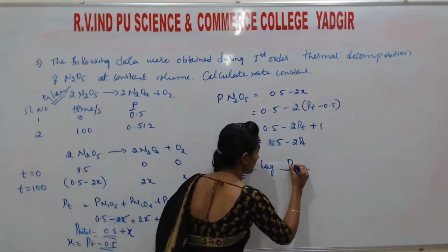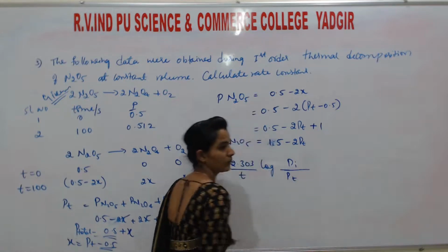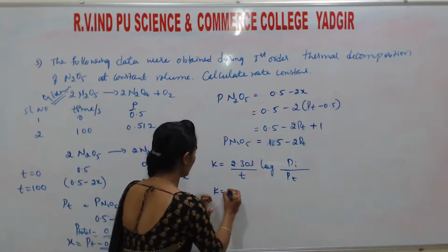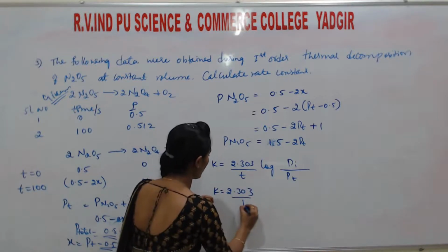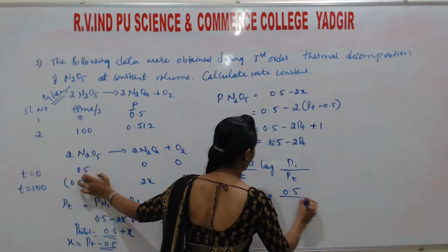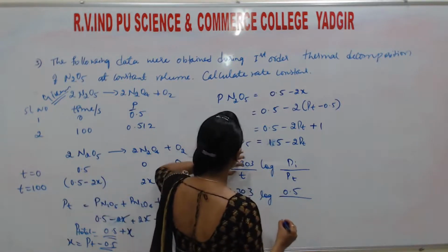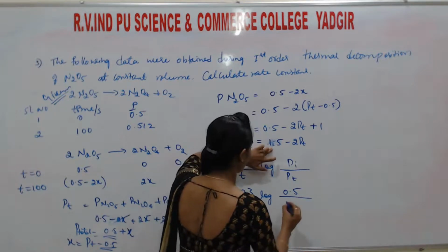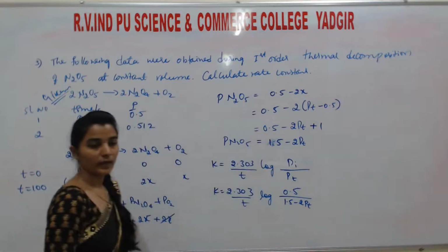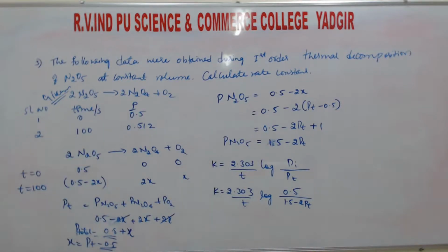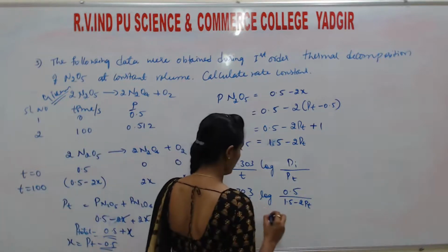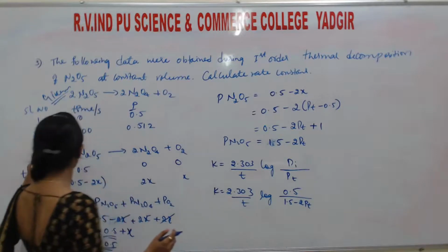Pa by P. So K is equal to 2.303 by t log of initial pressure here 0.5 divided by final, which is P of N2O5, 1.5 minus 2 Pt. Correct? So if we solve, students, we will get this approximately.